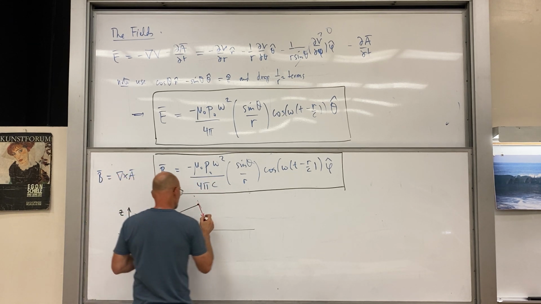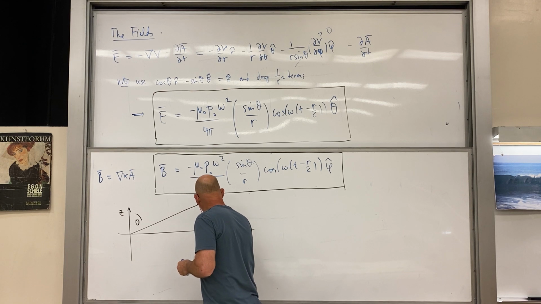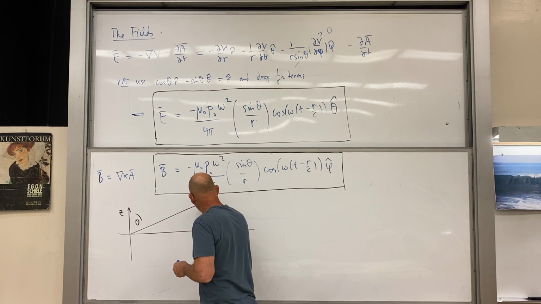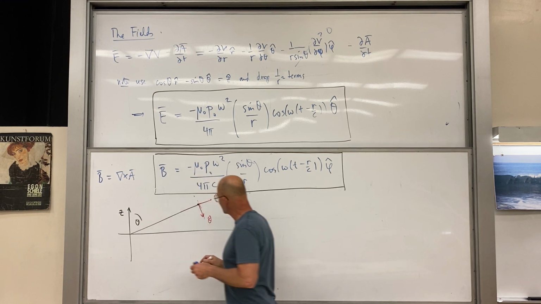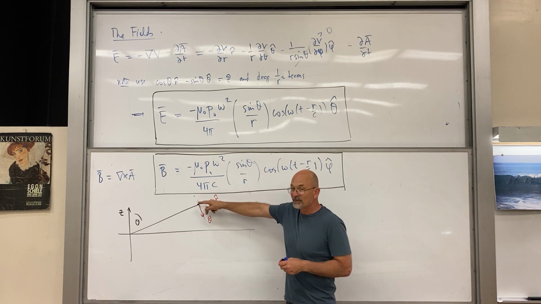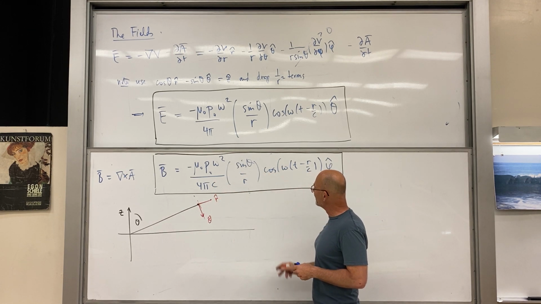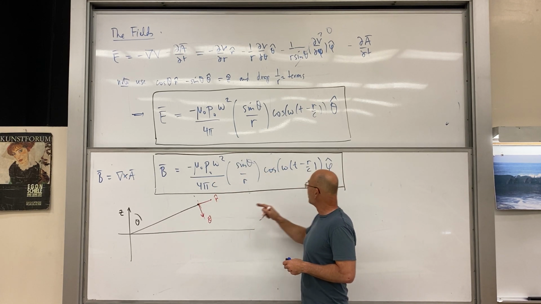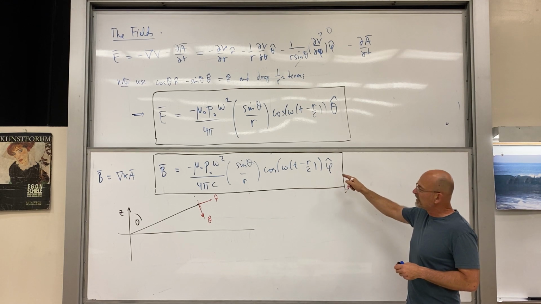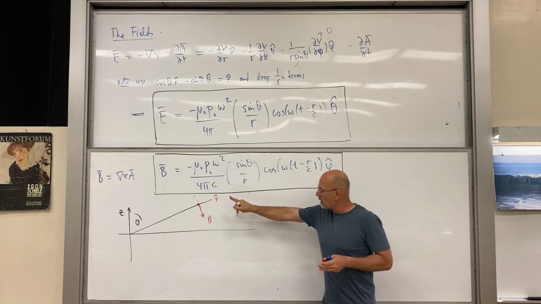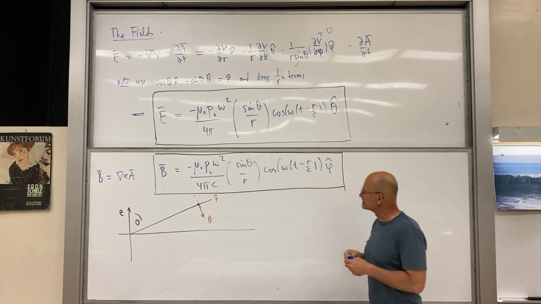Okay, so this will be theta hat, and then phi hat. I'm not going to draw, and then r hat will be that direction. Okay, so we've got these transverse waves, and the cross product E cross B is going to give us the direction r hat, our Poynting vector.